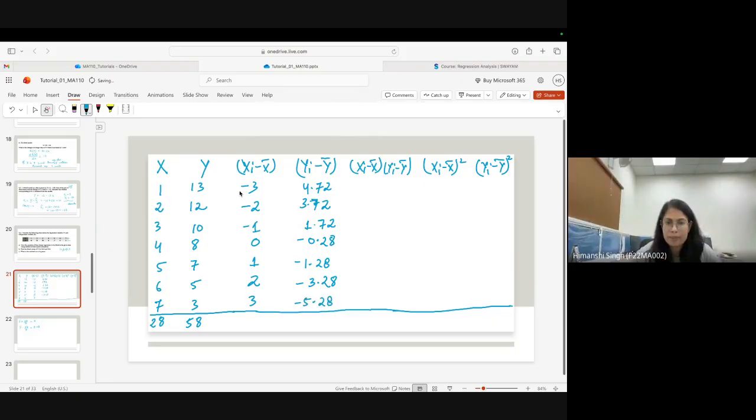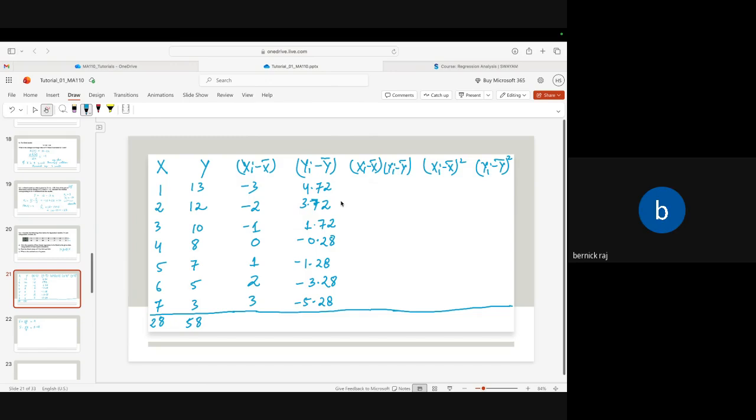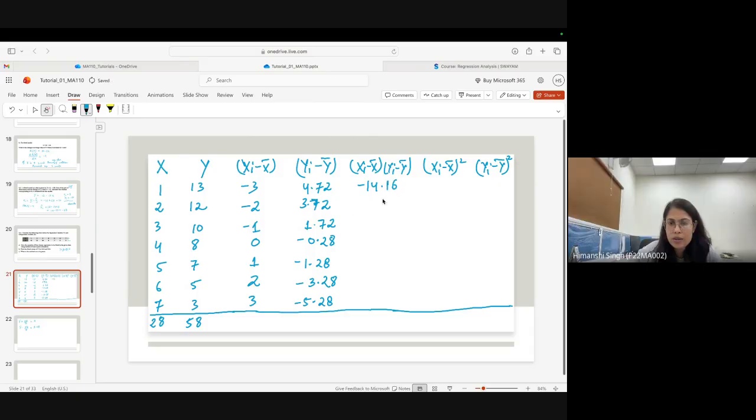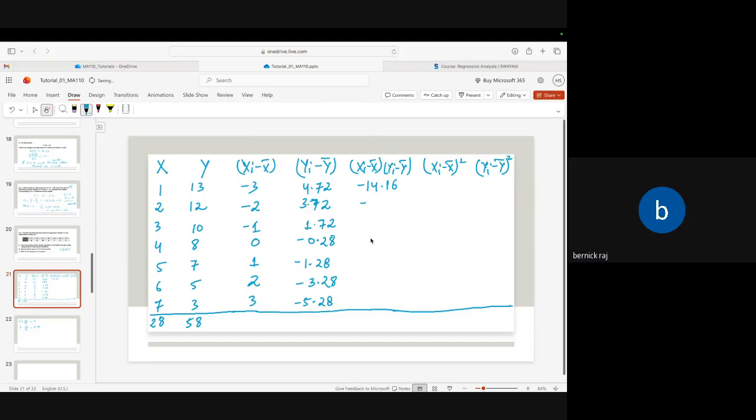Now I have to multiply them to find this product. So 4.72 multiplied by minus 3 is minus 14.16. Next one is minus 7.44.